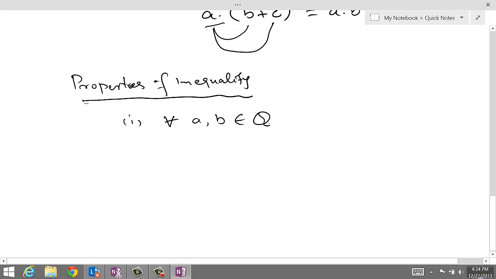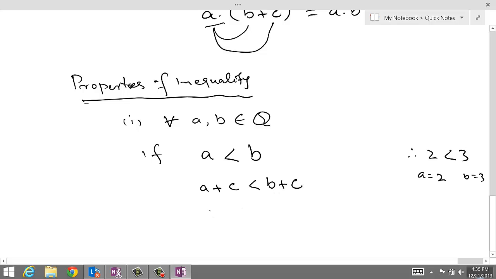Means for any two rational numbers, if a is less than b, just like 2 is less than 3. In this case, a is equal to 2 and b is equal to 3. Then a plus c is less than b plus c, and a minus c is less than b minus c.